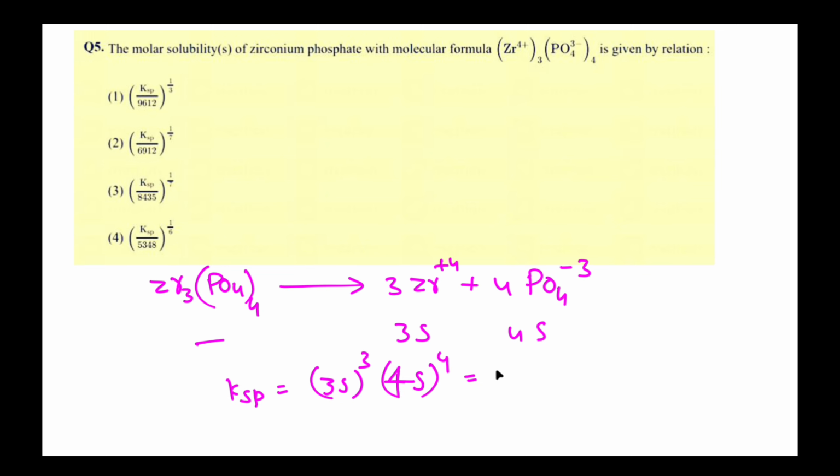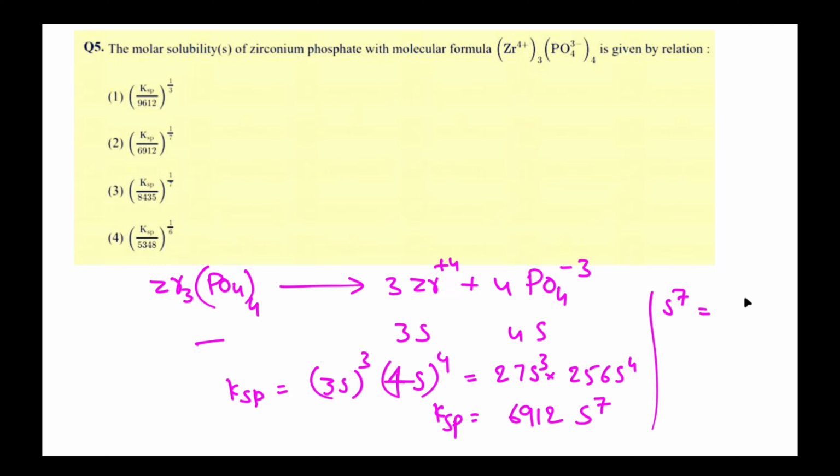So this is 27 s cube, 256 s power 4. So this value is nearly 6912 s power 7, that is KSP. So s power 7 is equal to KSP by 6912. From that, s is equal to KSP by 6912 whole power 1 by 7. So the correct answer is second option.